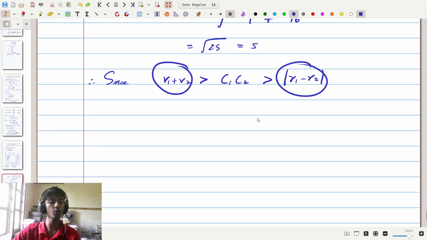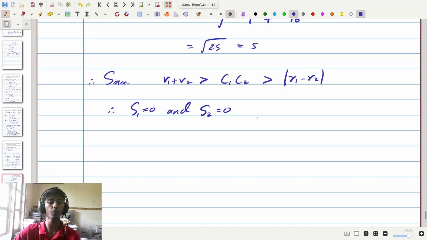So with this we can conclude that S1 equals 0 and S2 equals 0 intersect at two distinct points.